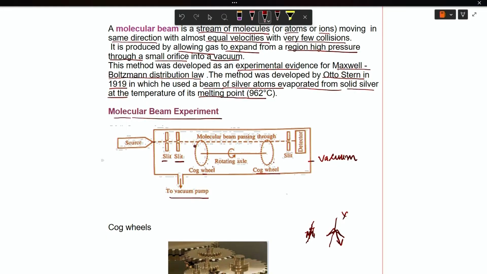If it passes through the depression of the cog wheel, it will enter this area. Finally, when it reaches the second cog wheel, it should again meet a depression in this cog wheel. Only then can that molecular beam pass through this slit and reach the detector. This is the detector.